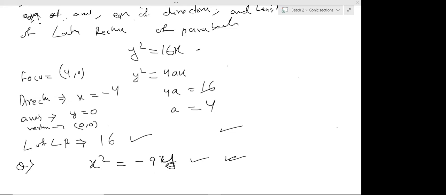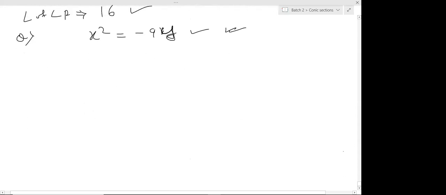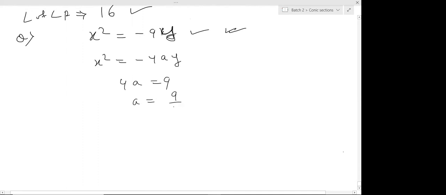All right, done everyone. Mazia. Yes, sir. All right. Standard equation, which type is it? This is x square equals, type 4, 4ay, right? So 4a equals 9. That means the value of a is 9 upon 4.